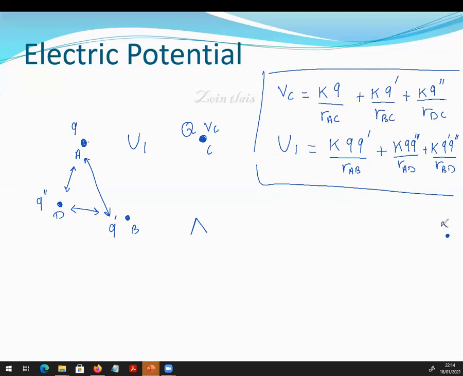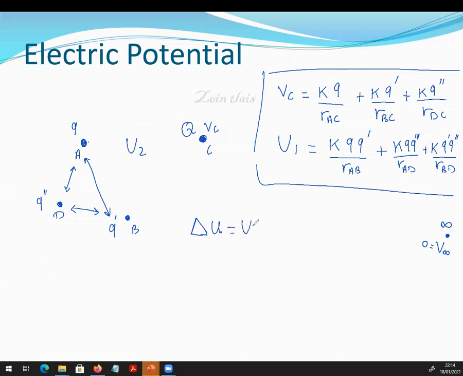This is at infinity, and I put it at the position C. And you know, at infinity, we don't have V, V infinity is zero. We can say delta U, the difference of electric potential energy between the initial and the final, because now we have a new system. It's U2. If I put a charge here, we have U2.